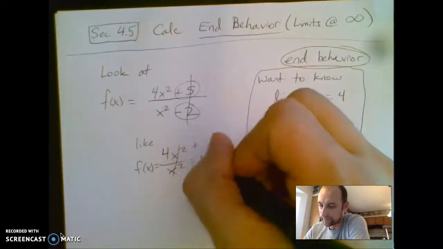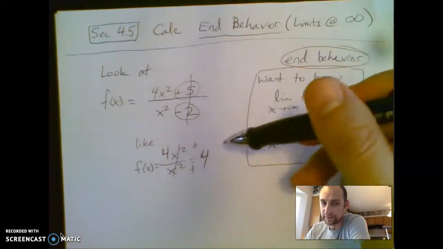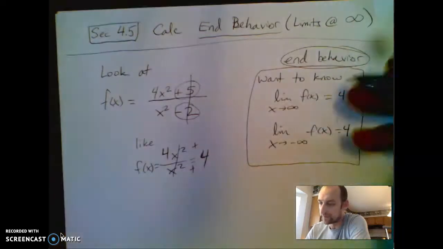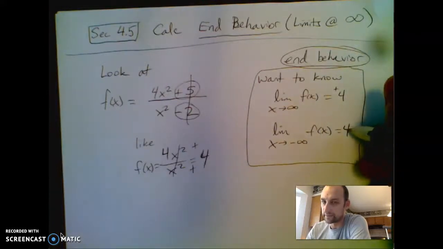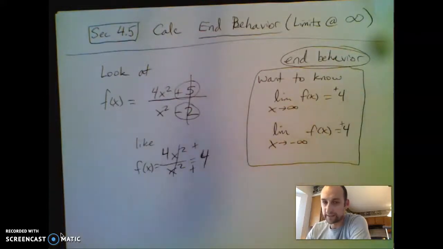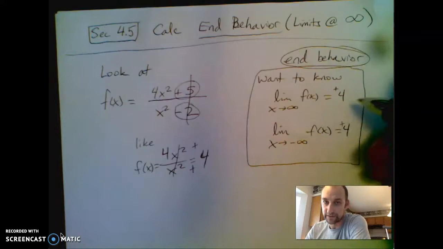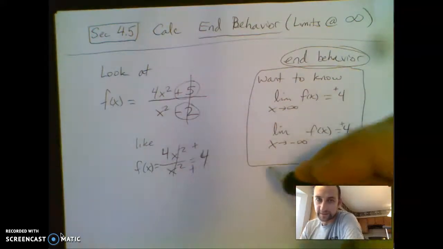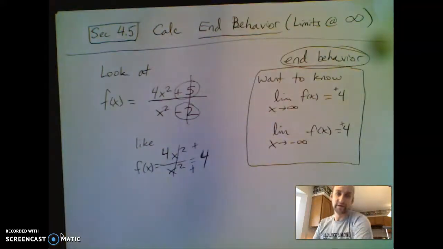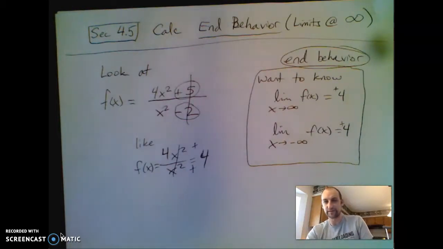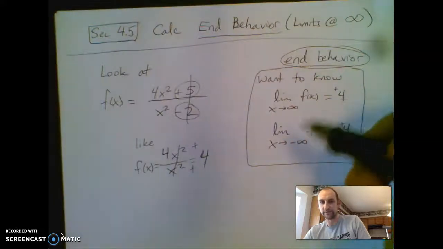And a positive over a positive is still a positive 4. There are occasions where you'll have the digit right, and one of these will be positive 4, and the other one would be negative 4. Not in this case, but you should always double check your sign if you do this method that kind of feels like cheating. There's a more specific way to do this, but this is the method that most people use to find end behavior.